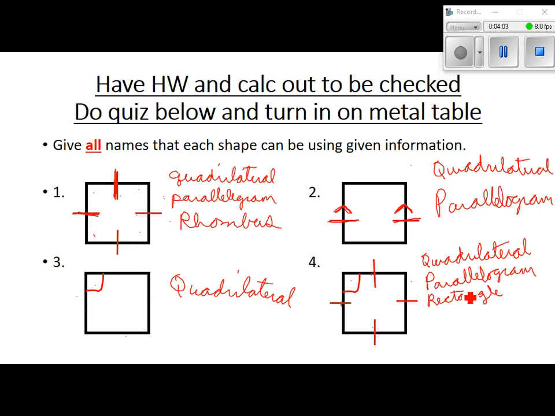So we know it's a rectangle. Next thing we check, see if it's a rhombus. It's got 2 consecutive sides that are congruent, and since it was a parallelogram, that's all you really need. So we know it's a rhombus. Well, if it's both a rectangle and a rhombus, then we know it's also a square. And if they ask you for just the best name to give it, or the most descriptive name, in that case it would be a square.